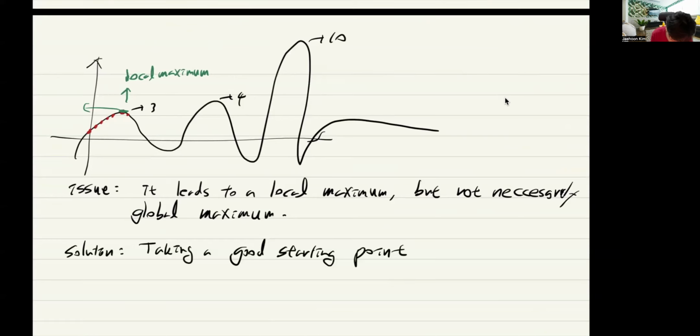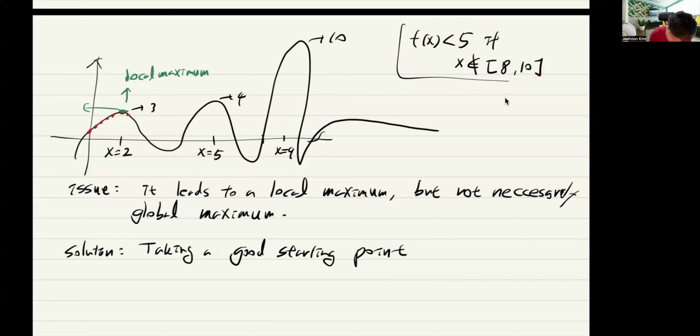And if we show that f(x) is smaller than, say, 5, let's say this is when x equals 2, this is when x equals 5, this is when x equals 9, if x is not in the interval from, say, 8 to 10. Assume you know this. If we prove this, then what?